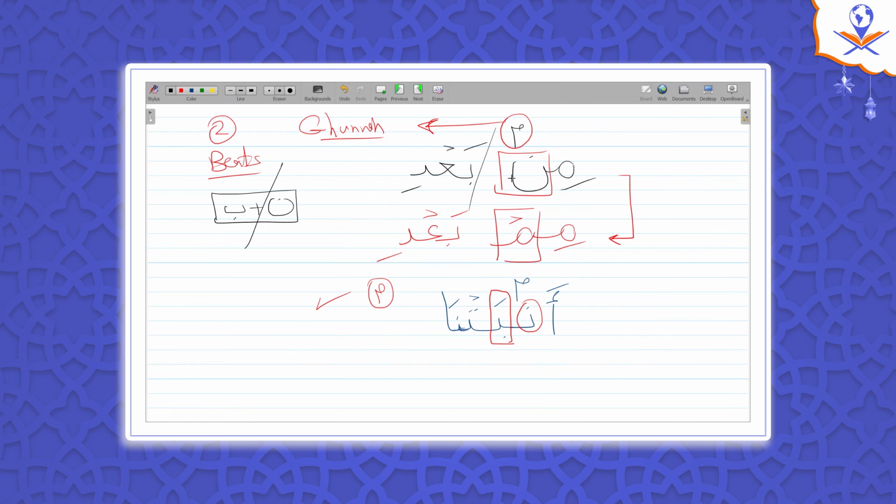You say min, then I stop. So if you stop, you're not allowed to apply iqlab. Why? Because you didn't meet the condition of iqlab. The condition says if you're reciting noon with the ba after, in only one pronunciation, one sentence, joining them, you need to convert noon to meme with ghunna.